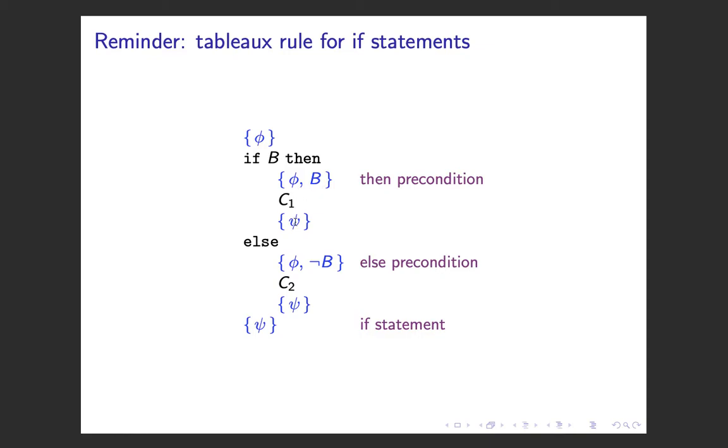As long as we know that psi follows after executing C1 in any state in which phi holds and the Boolean expression is true, and if we also know that the same thing holds for C2, that psi holds as a postcondition if we execute C2 from a starting state that satisfies phi and in which the Boolean expression is false, then whether the Boolean expression is true or false, whatever happens, we're going to get that psi holds.